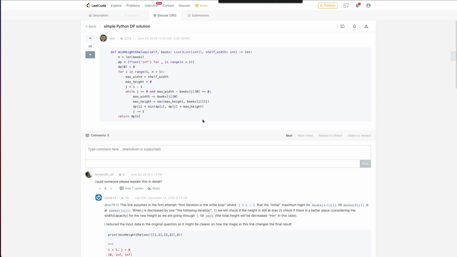And then, so the max out of the current row, and then so dp of I, i.e. our current book, equals the minimum of dp of I, comma, dp of j plus current row's max height.